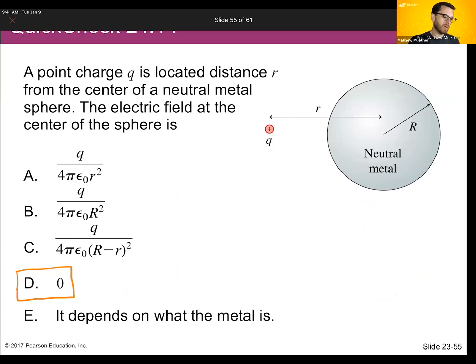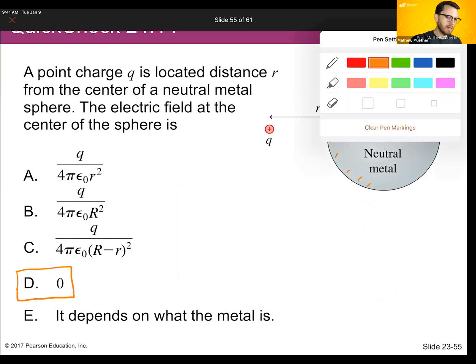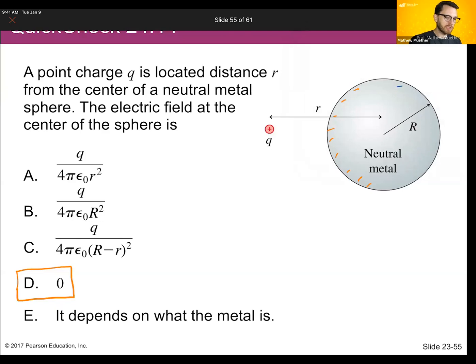Why is that? Well, what's going to happen here? That positive charge is going to pull negative charges close to it. And because they're mobile, they're going to get as close as possible. So they're all going to bunch up on this side of the surface. Free charges can move in the metal, so the negative charges are going to shift to the right and get themselves as close as possible and leave a little skin of positive charge on the other side.